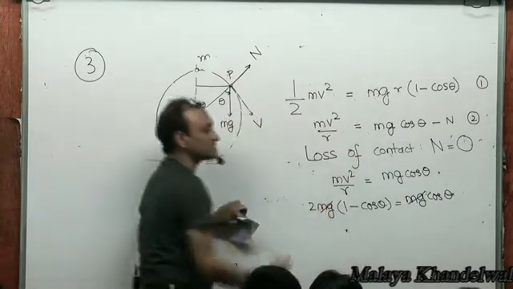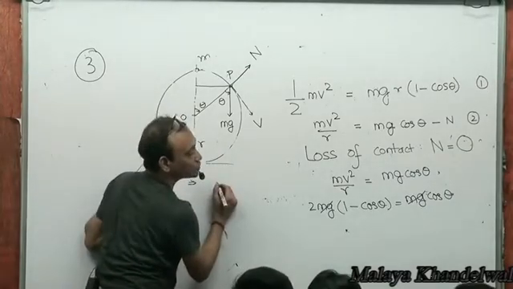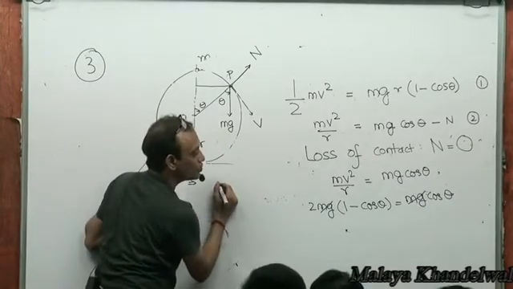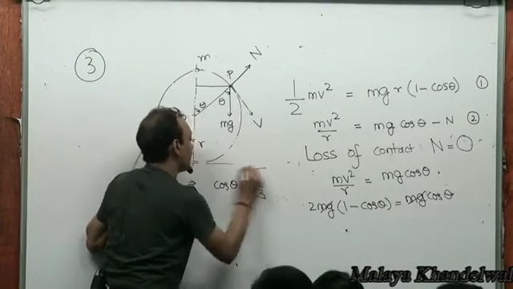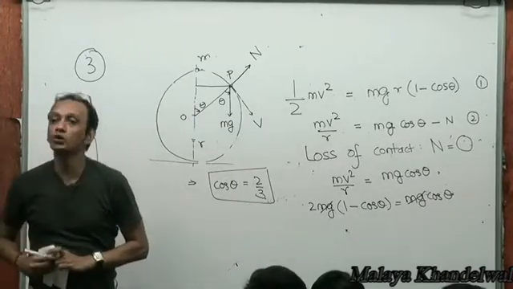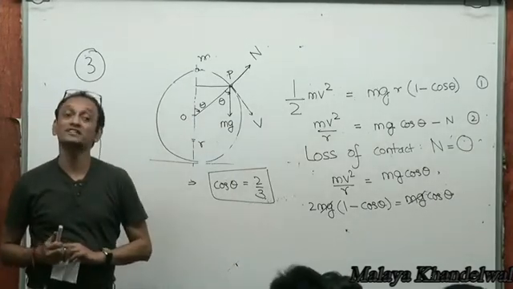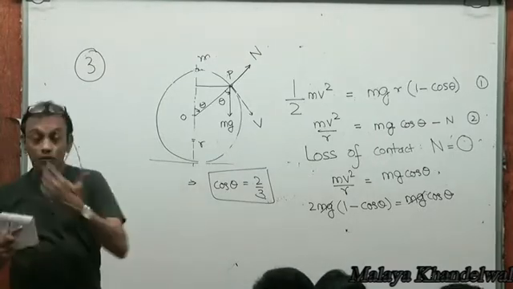Mg gets dispensed, or we have 3 cos theta is 2, or cos theta is 2 by 3. At theta equal to cos inverse 2 by 3, there is loss of contact.